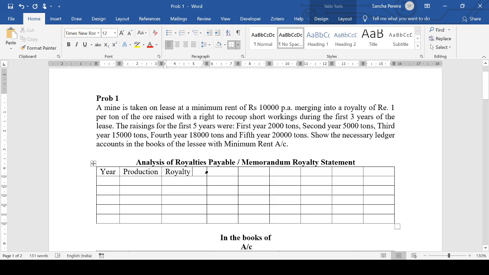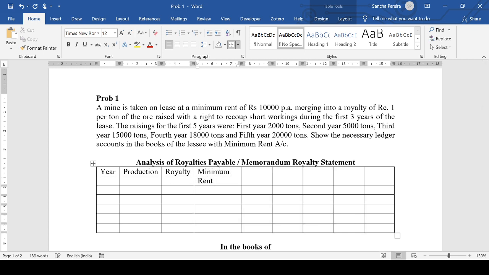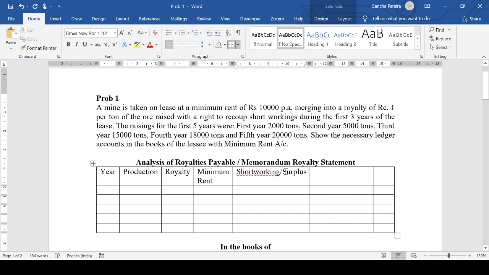Then minimum rent. This is going to be the same in every problem. Then we are going to have short working / surplus. Surplus is when your actual royalty is more than the minimum rent. Short working is when minimum rent is more than the actual royalty.